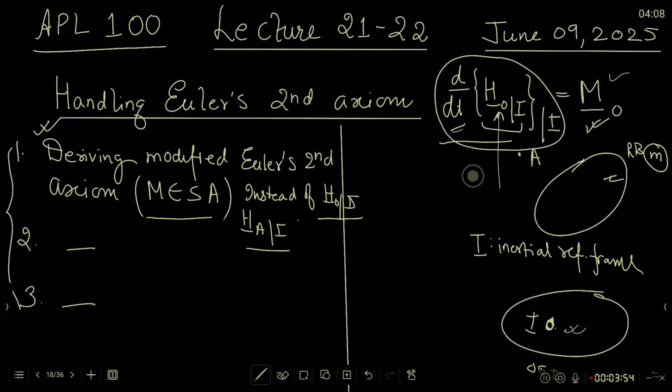In modified Euler's second axiom, we want to set ourselves free of that constraint such that the angular momentum can now be computed about any point A, no restriction whatsoever, right? I was doing this derivation last time. We will go to that derivation and complete it.